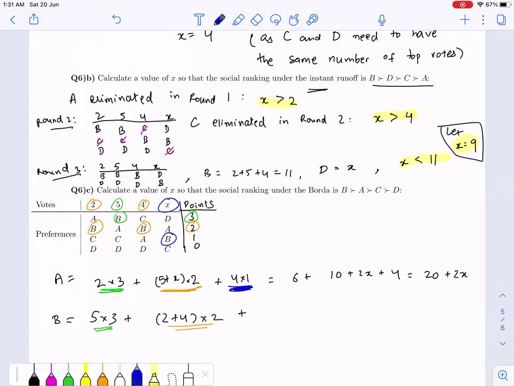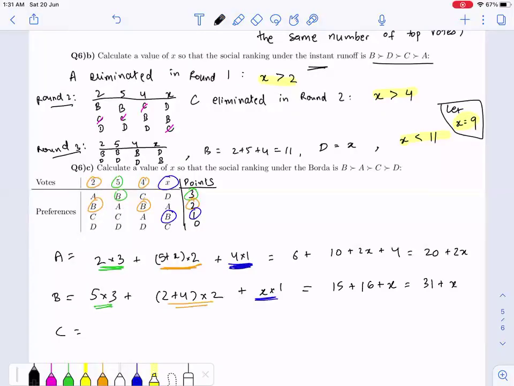And X voters voted B as their third choice, so X times 1. This would be 15 plus 12 plus X, which is 31 plus X.